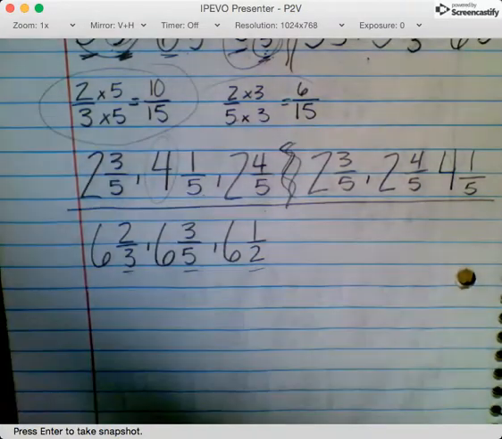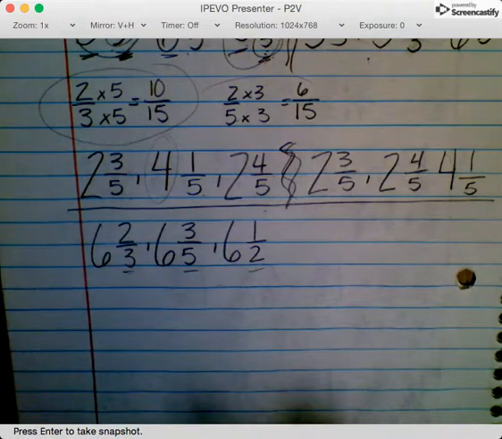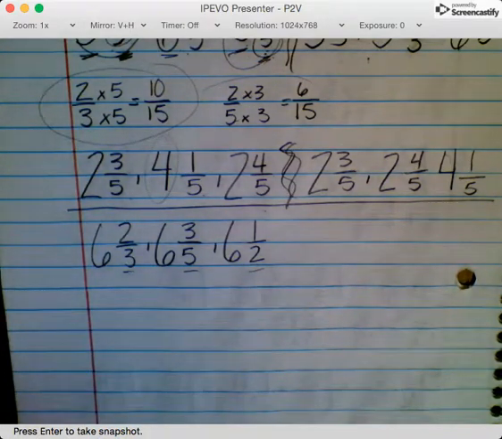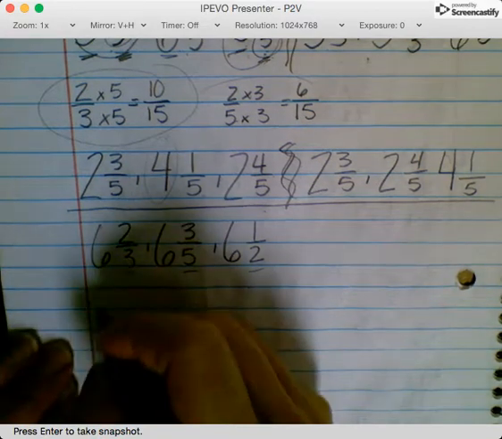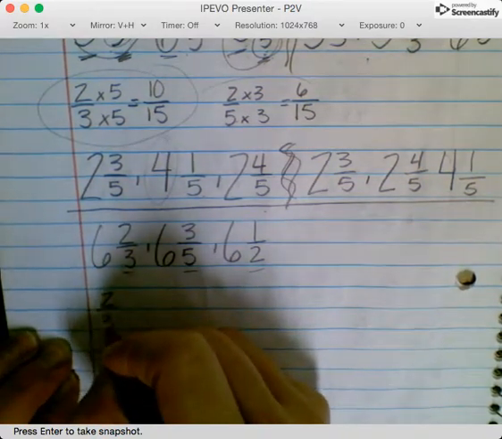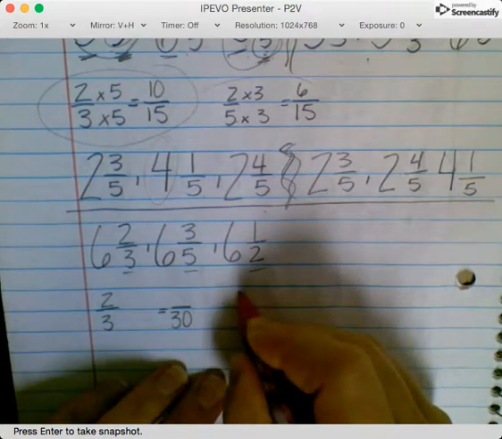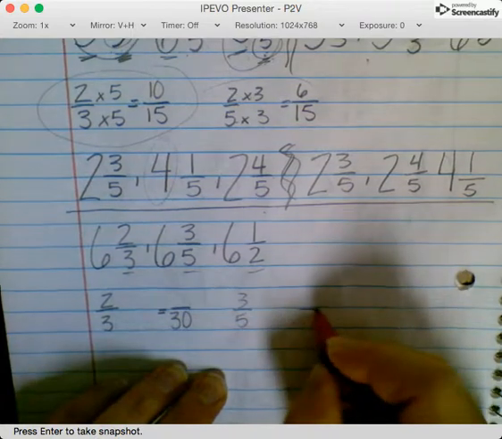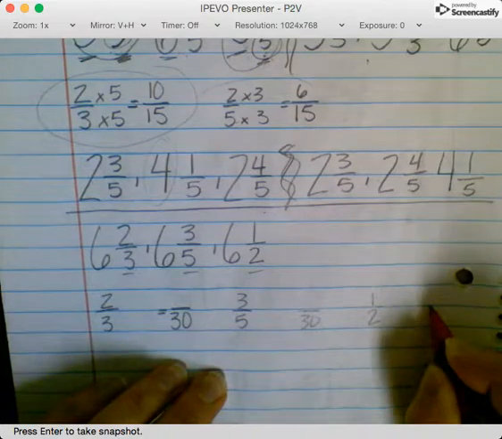So we have to make them into something with the same denominator. 3, 5, and 2, the smallest number that they all have in common is 30. I can make 2/3 into something over 30. I can make 3/5 into something over 30. And I can make 1/2 into something over 30.